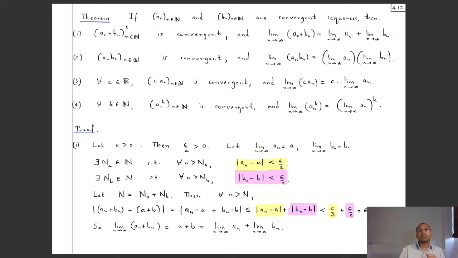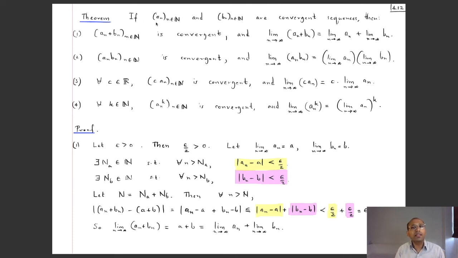So what I want to show today is that if you have two convergent sequences and I take their term-wise sum or term-wise product, then you get a convergent sequence too, and the limit is either the sum of the limits or the product of the limits. And then there are some corollaries which come from statement number 2. That's all I want to show today, and there are two more statements in that theorem which we'll do next time.